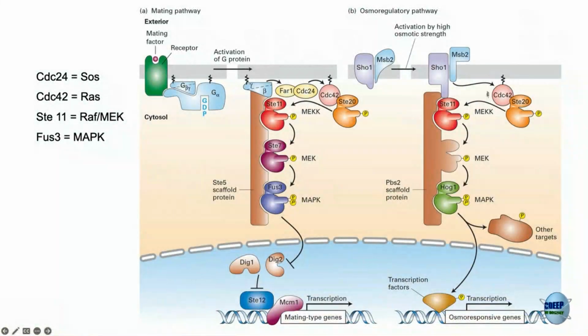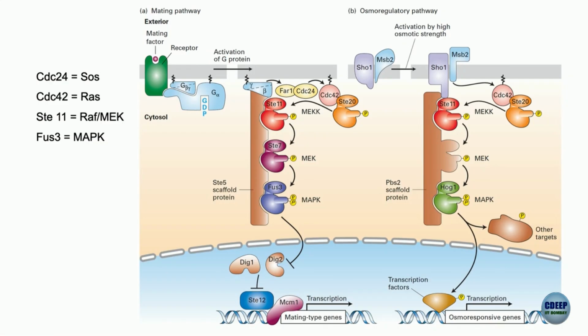However, the initial activation is similar: CDC42 gets activated, STE20 gets phosphorylated and activated, STE20 goes and phosphorylates and activates STE11, and STE11 goes and phosphorylates and activates MEK as well. So, the initial pathway is the same, the upstream signal is different.